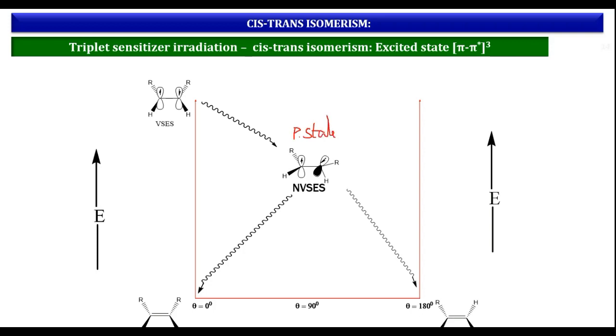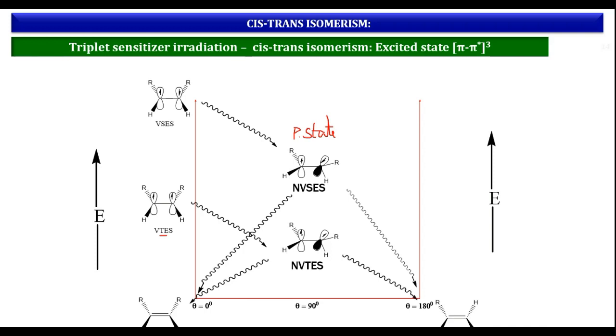The same thing: when you use the triplet sensitizer, the two electrons have the same spin, so it is called the vertical triplet excited state. This undergoes relaxation by 90 degree rotation and forms the non-vertical triplet excited state, or the P state. Now this can come back to the cis form or convert into the trans isomer.